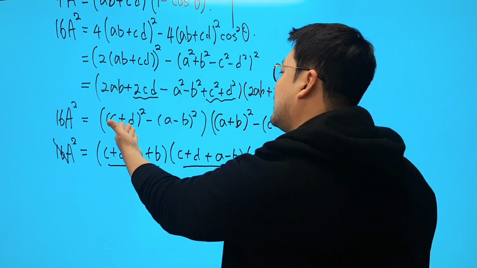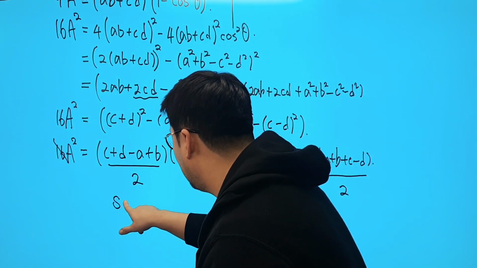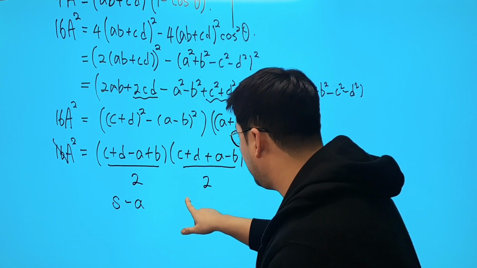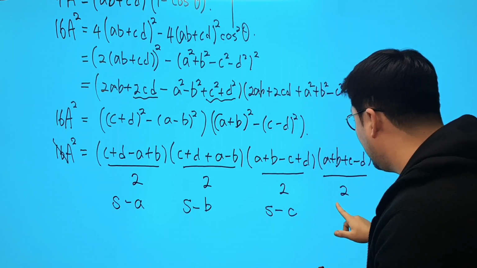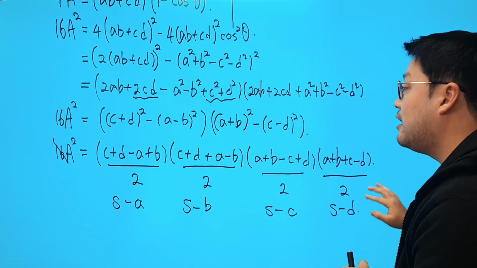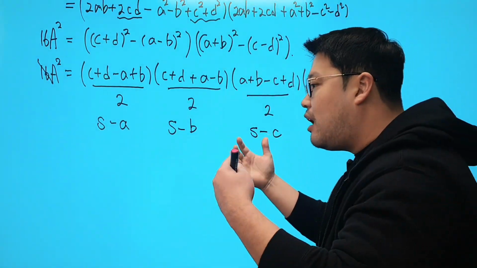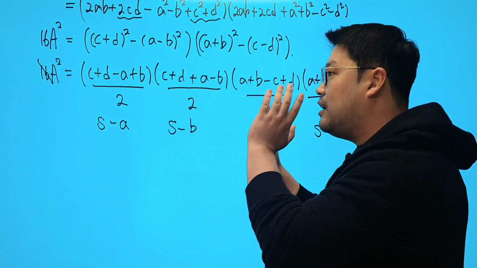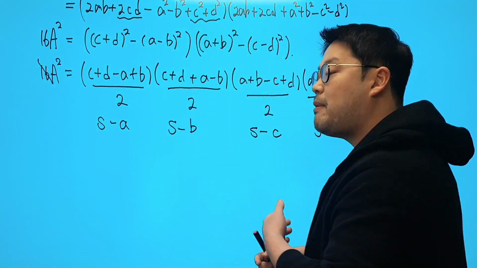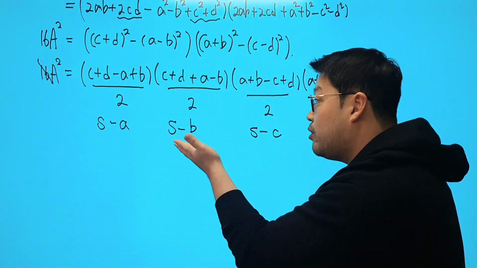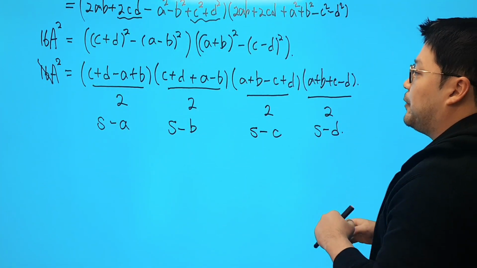Now you can check that (c plus d minus a plus b) over 2 is going to be s minus a, and that's going to be s minus b, and that's going to be s minus c, and s minus d. And what did I forget? I forgot about what s is. Well, to think about what s is, you've got to think about what we've learned in Heron's formula. S reminds you of the semi-perimeter, and exactly the same words are being used in this example.